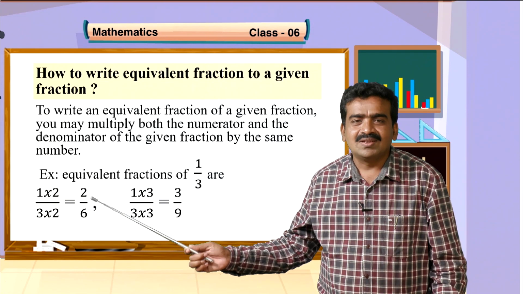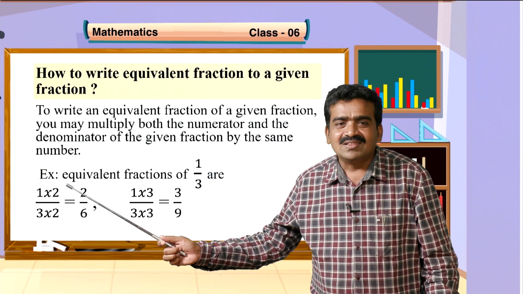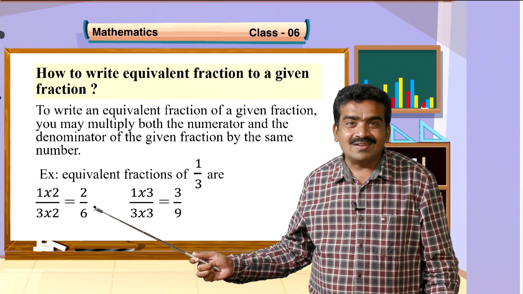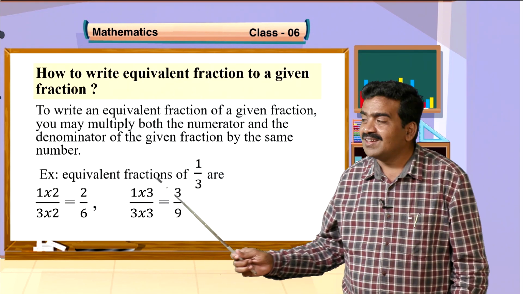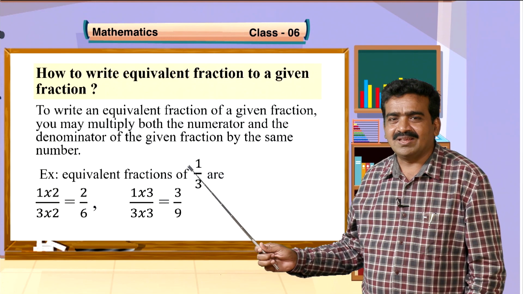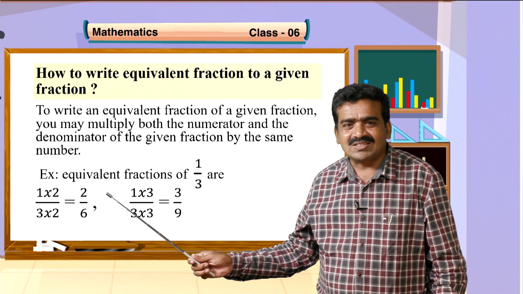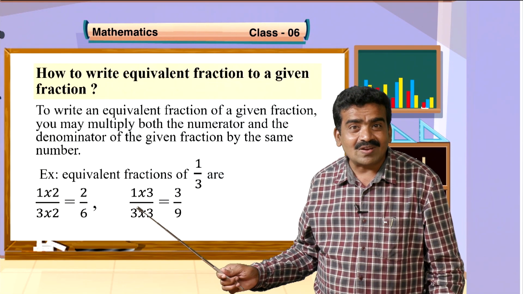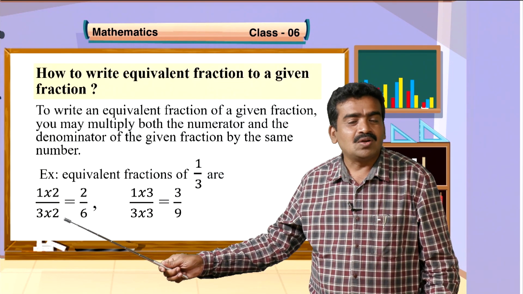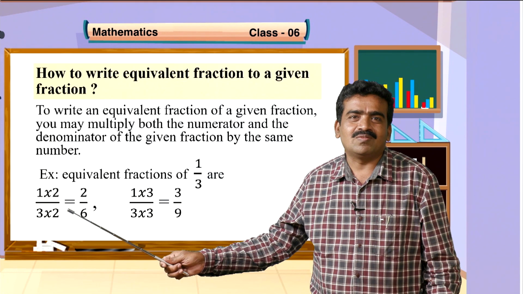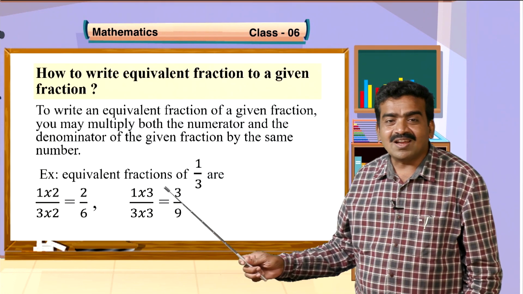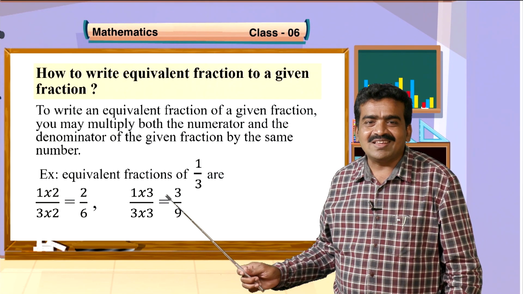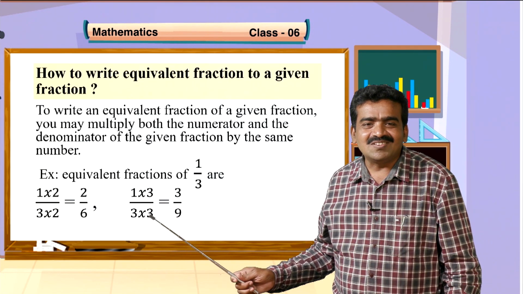That means we have to multiply the same number for the numerator and denominator to obtain the equivalent fraction for the given fraction. Here for 1 by 3, the first equivalent fraction is 2 by 6. How to write the second equivalent fraction? Here I have taken 2 to multiply the numerator and denominator. Here I am taking 3. So, how much will I get? 1 into 3 is 3 and 3 into 3 is 9.